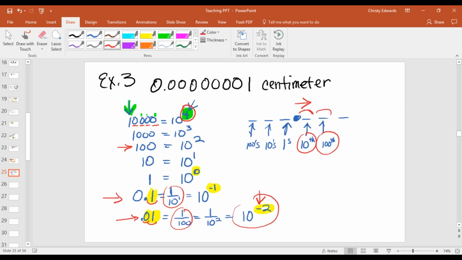So this page is really helpful if you want to screenshot this. It helps us see that if we're given something like this and we're supposed to write it as a power of 10, which is what the directions actually said, that's 10 to the, since it's on the right-hand side, a negative exponent, right?